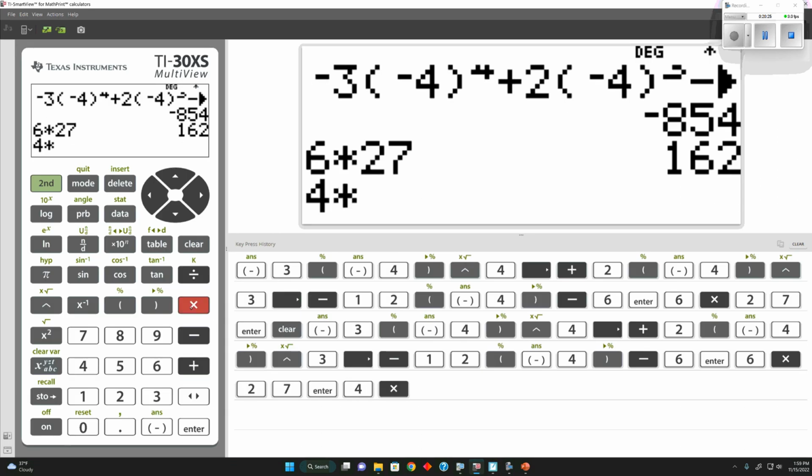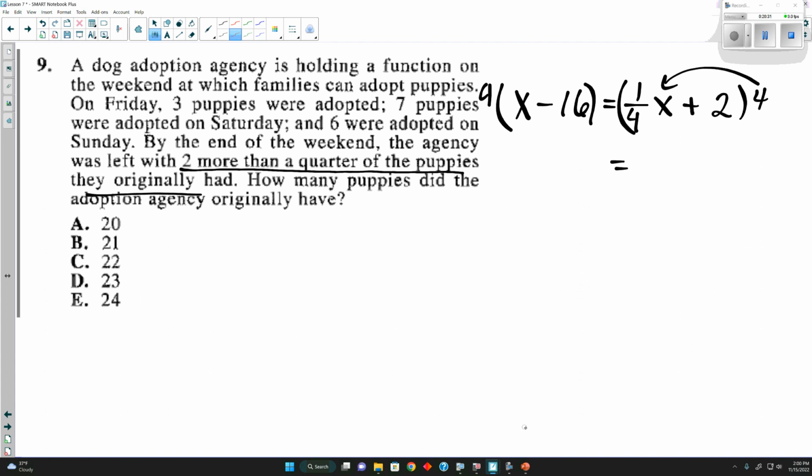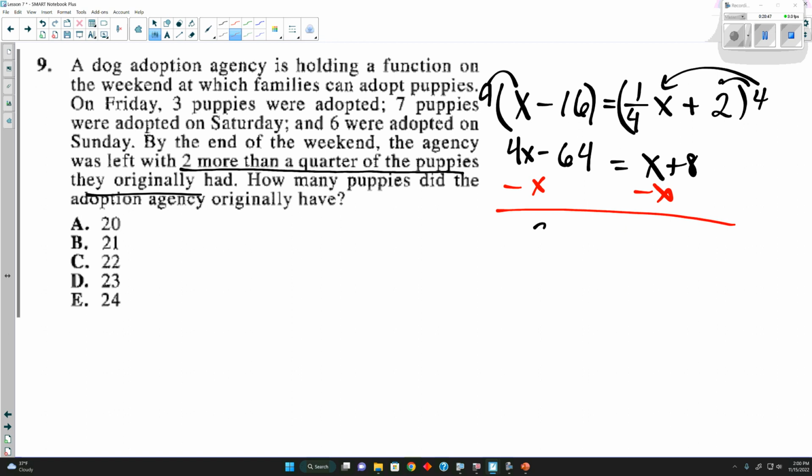So that just gives us x. 4 times 2 is 8, 4 times x minus 4 times 16, and we can solve for x.